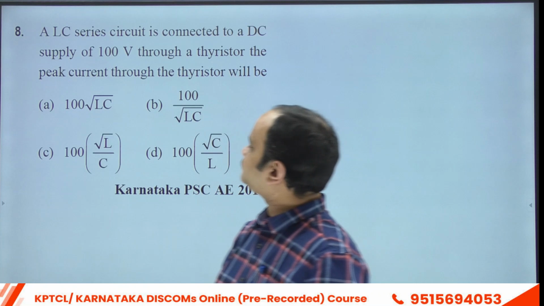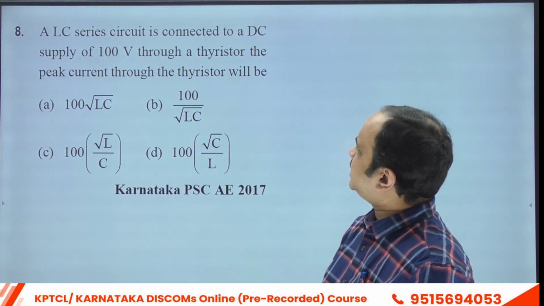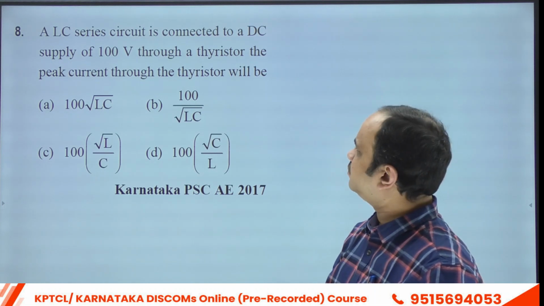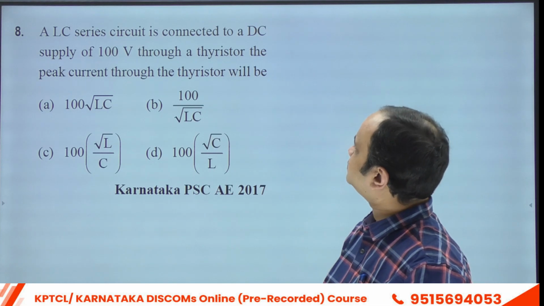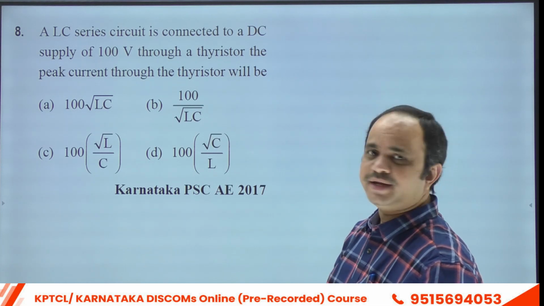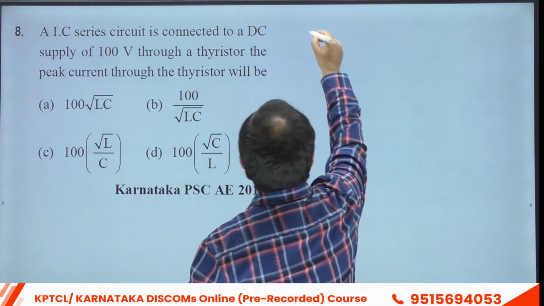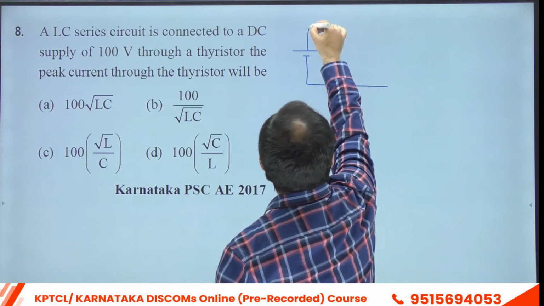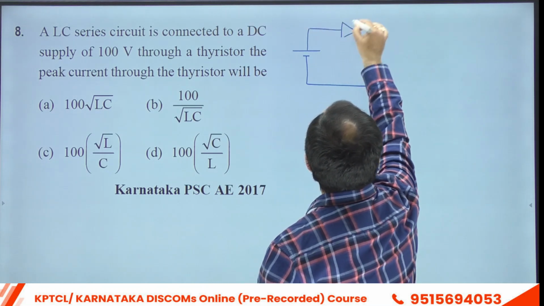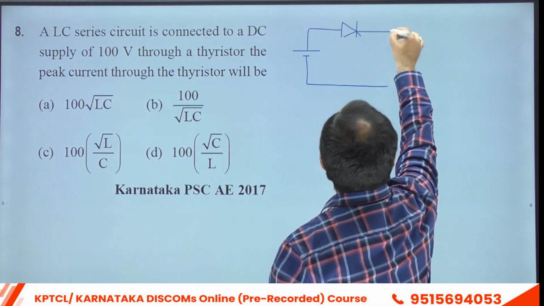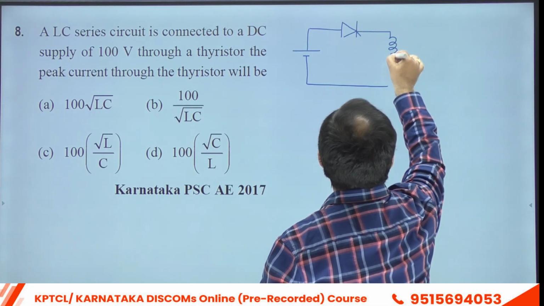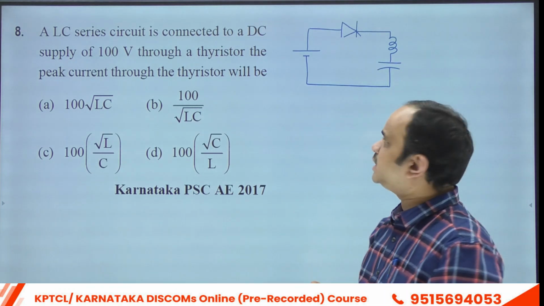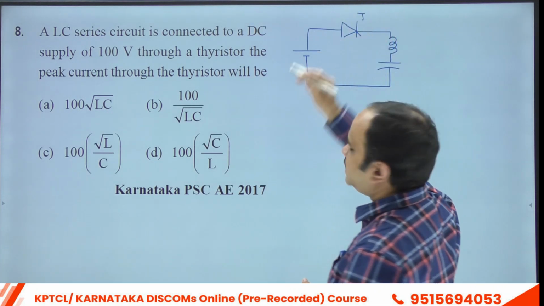Next. The LC series circuit is connected to a DC supply of 100 volt through a thyristor. The peak current through the thyristor will be: now if you look into a circuit diagram for this description, I can say an LC circuit is connected to a DC voltage source through a thyristor.